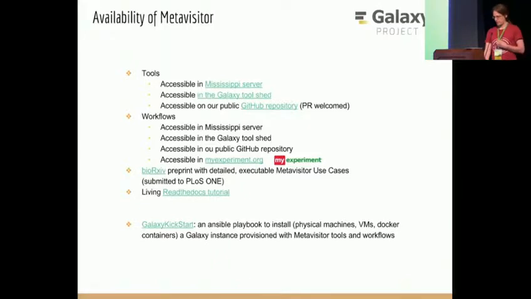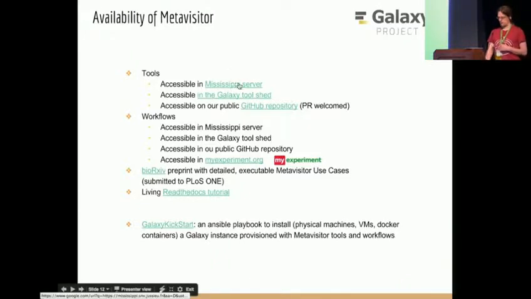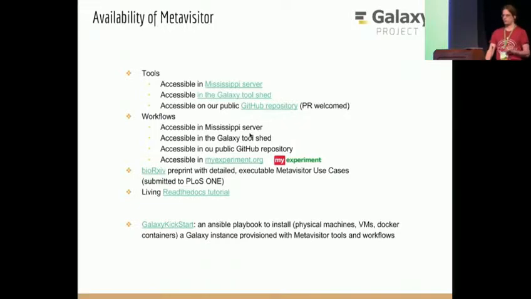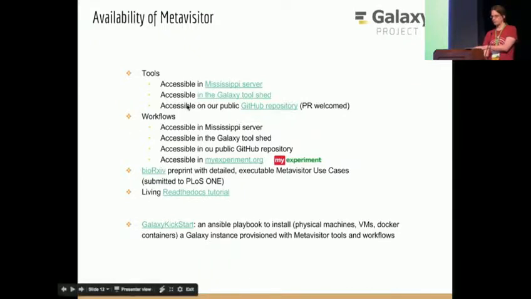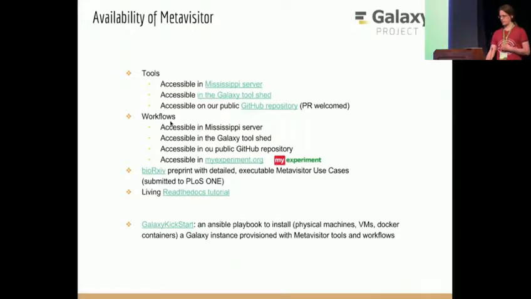It's present on our lab server. This is the Mississippi server. It's available in the toolshed. We have for our lab a repository of tools that is modeled exactly after the IUC repo. Again, this is for the tools that you need to run those workflows. The workflows themselves are the same thing. They are available, also on myExperiment.